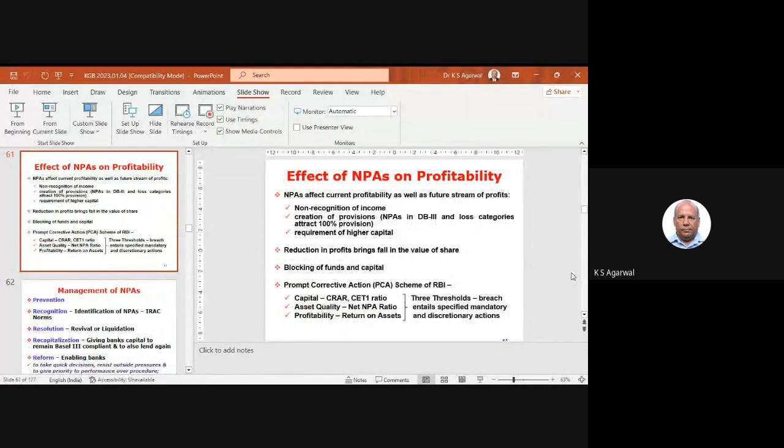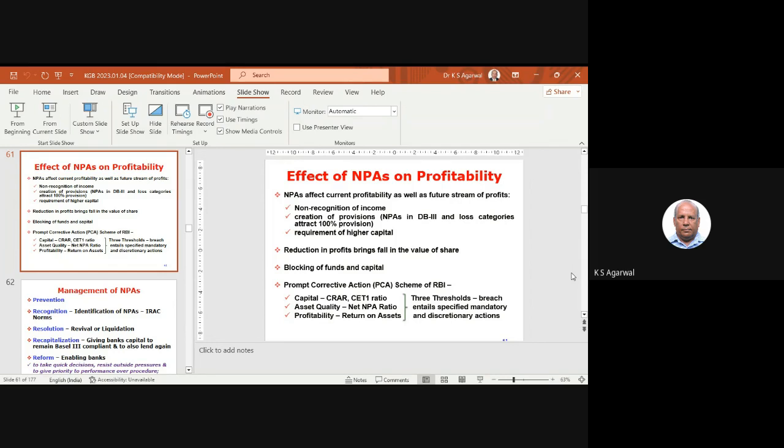Now, the effect of NPAs on profitability, we can skip. You know, once the account becomes NPA, we stop applying interest, which means we do not generate any income. Rather, we have to make certain provisions. Whatever income I am receiving from other accounts, I have to set aside as a provision for this NPA.